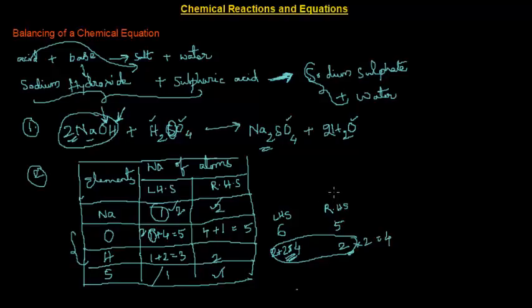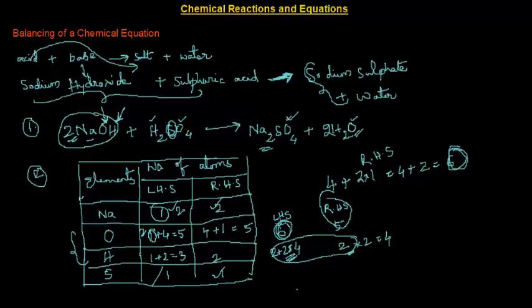Now let us see about oxygen, how it has brought change in oxygen. You have 4 here, so 4 plus, and what about the number of oxygen atoms here? 2 into 1, which is equal to 4 plus 2 is equal to 6. So on RHS side, I have 6 oxygens, and on LHS side also I have 6 oxygens.